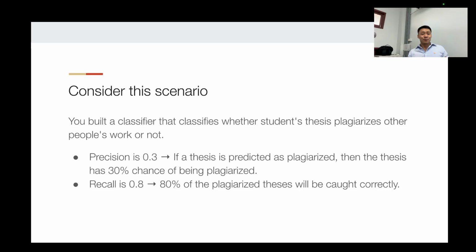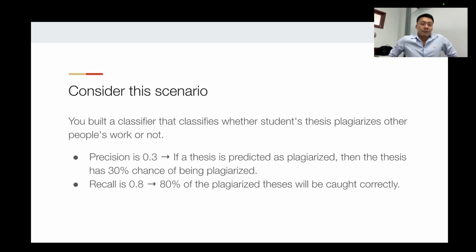Suppose you build a classifier to detect plagiarism. You know what plagiarism is, right? When you copy other people's work without giving them credit. There's a system for that. Chula uses it actually. When you write your senior project, they will run this plagiarism detection, which is great.